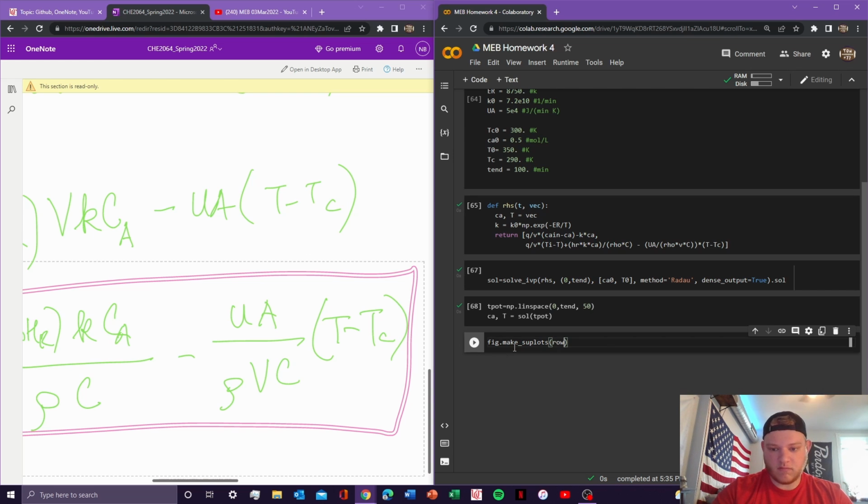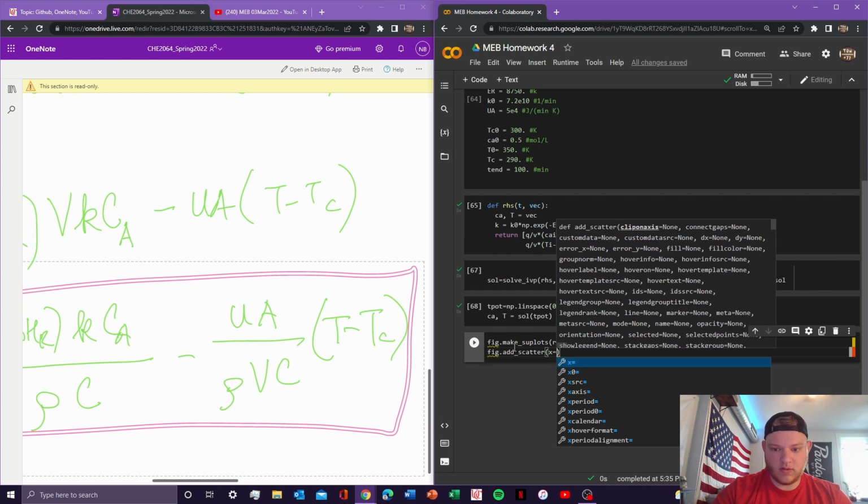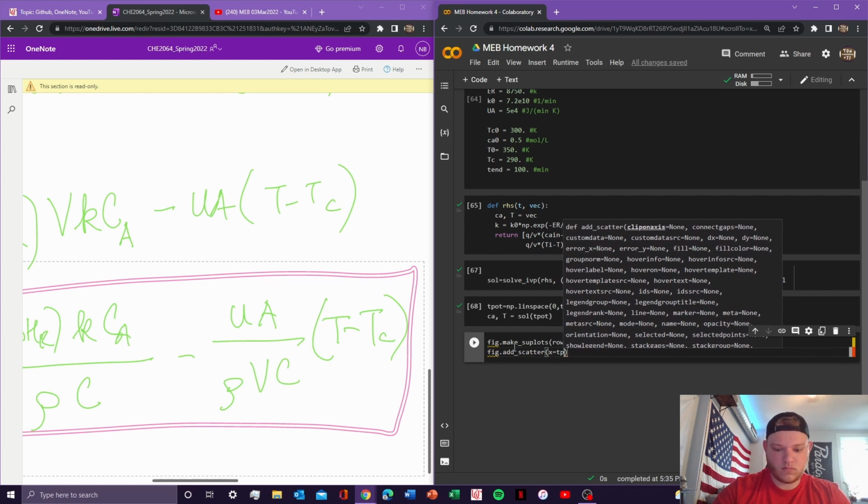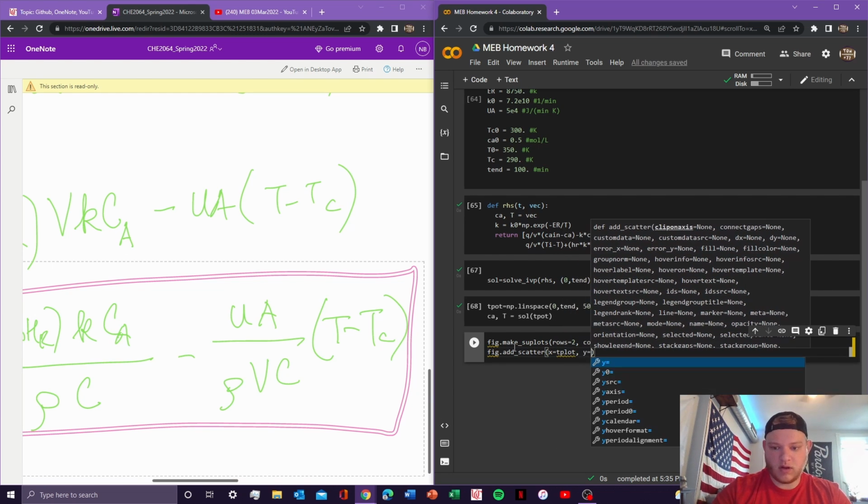We need to specify rows, 2, columns, 1. Add scatter, x equals t plot, y equals CA.